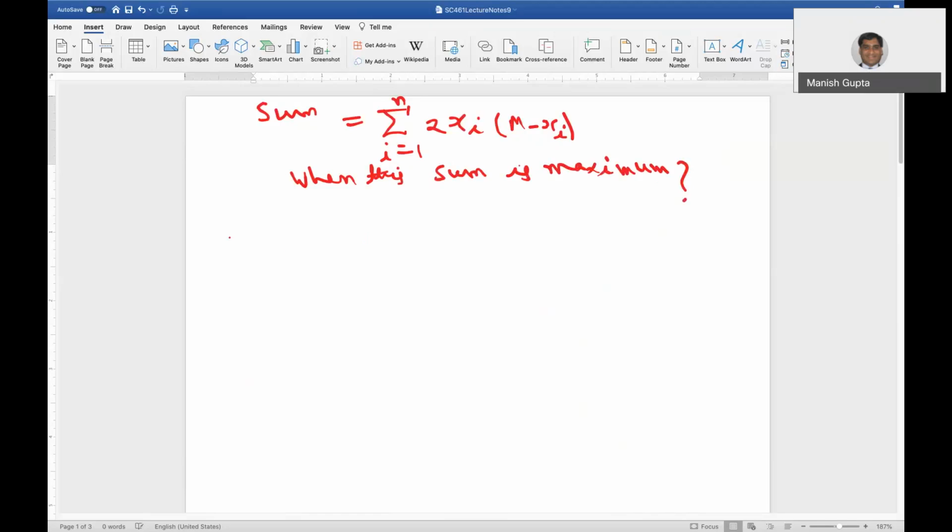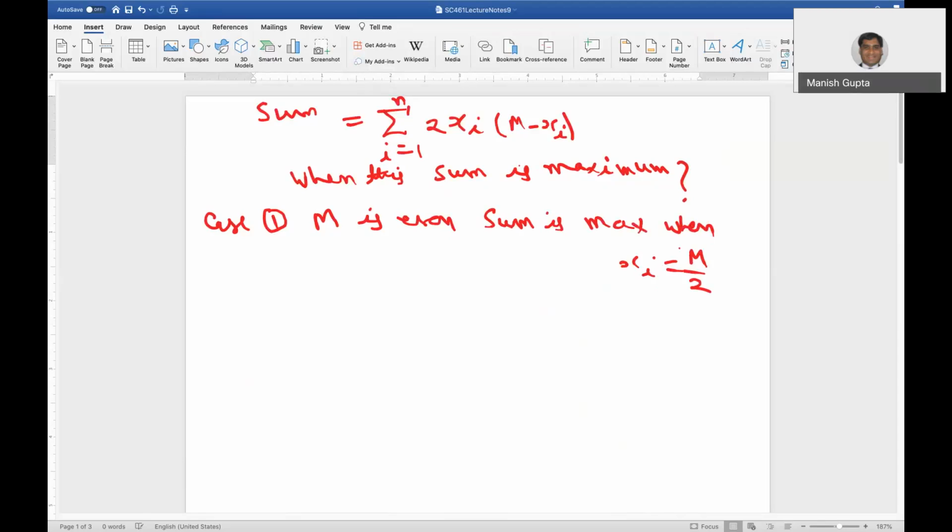So I will make two cases. In fact, I will just prove one case. Case 1, when M is even. Then the sum is maximum when xi is equal to M by 2.